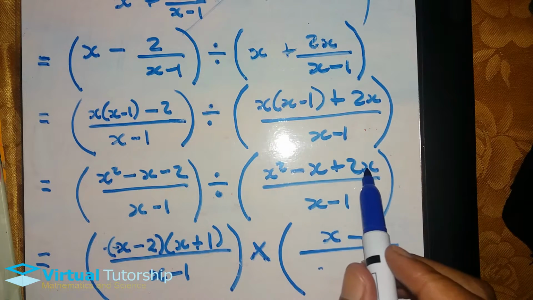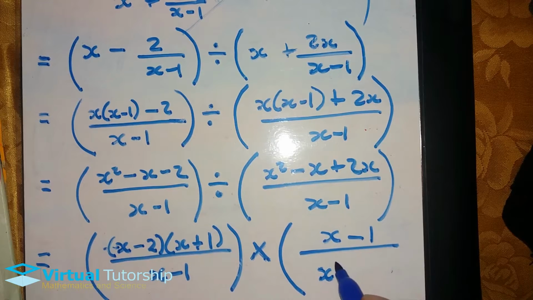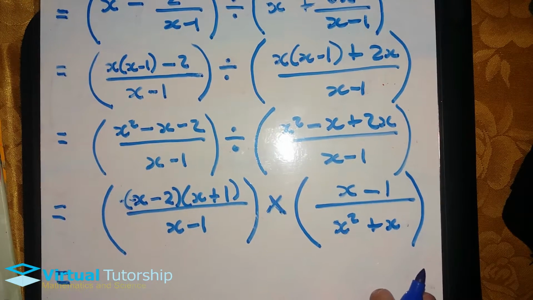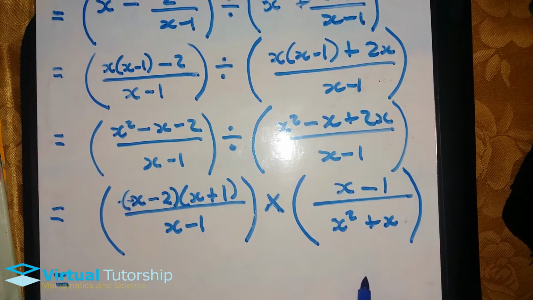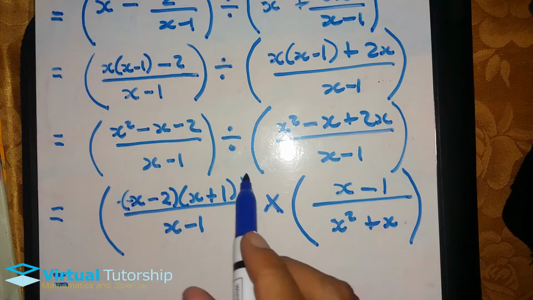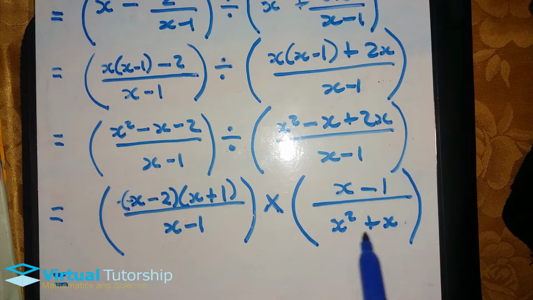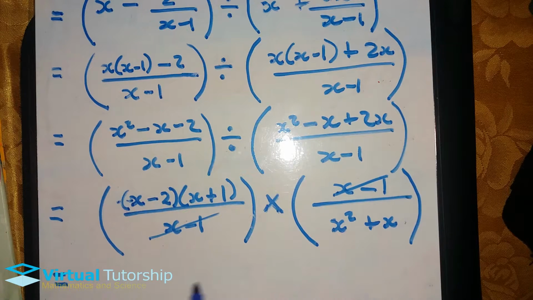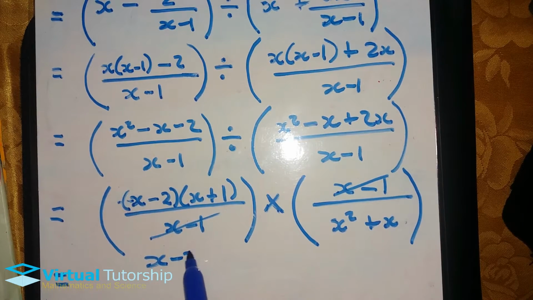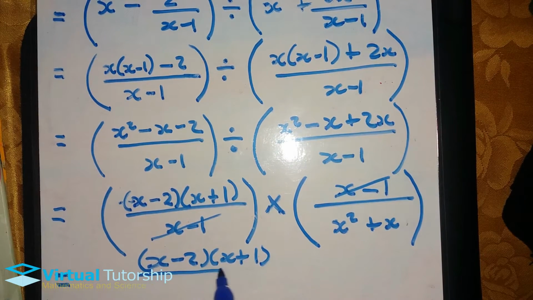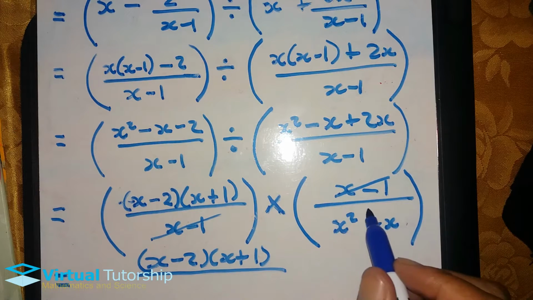So x and the 2x are like terms. So now adding I get x plus x here. So equal to, look now, when this fraction is multiplied with this fraction, this one will cancel with this one, and I am left with x minus 2 and x plus 1, all divided by this thing in factors.